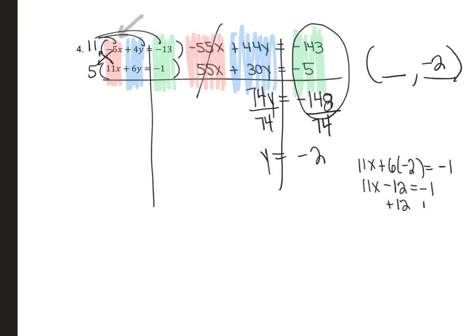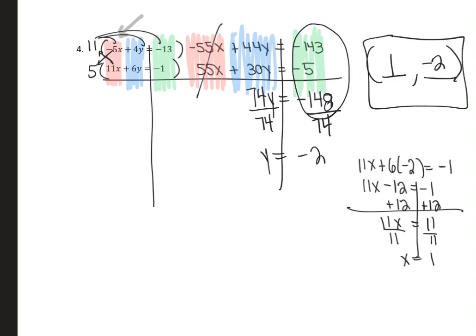Plus 12 equals 11x equals 11 divided by 11, x equals 1. So 1. My ordered pair is, and thank goodness, this worksheet is done.